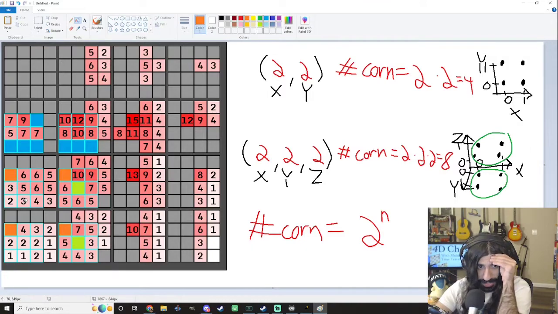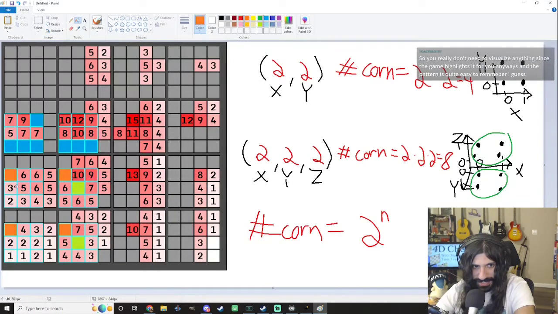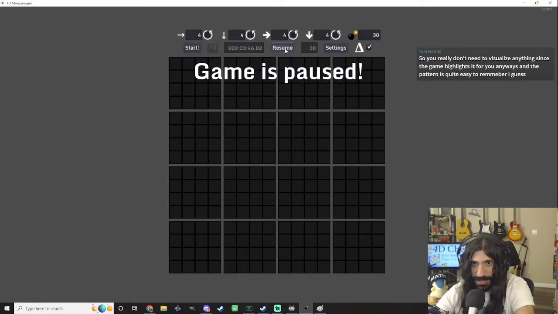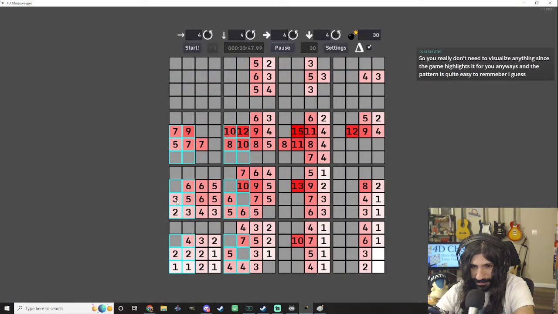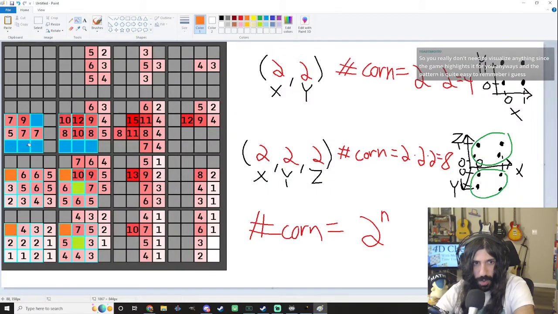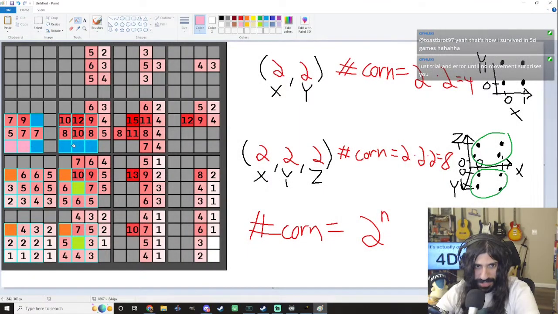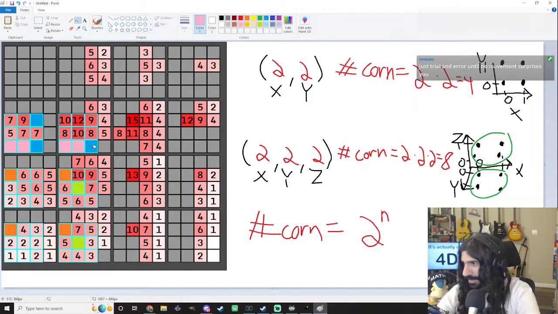Now this 3 is adjacent to one of the mines in here and one of the mines in here, right? Yeah. And so precisely one of these has a mine, two of these have mines.